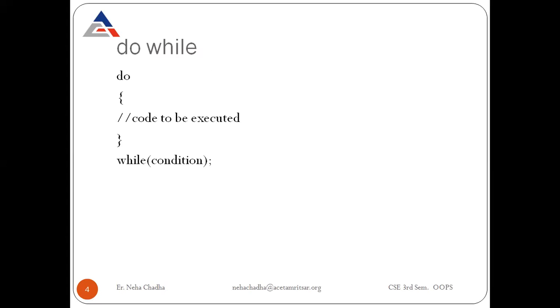It means the difference between while and do while is that do while will execute your statement at least once, because here the checking of the condition is done after the code is executed. That means if your condition is false, at least you will get output a single time.